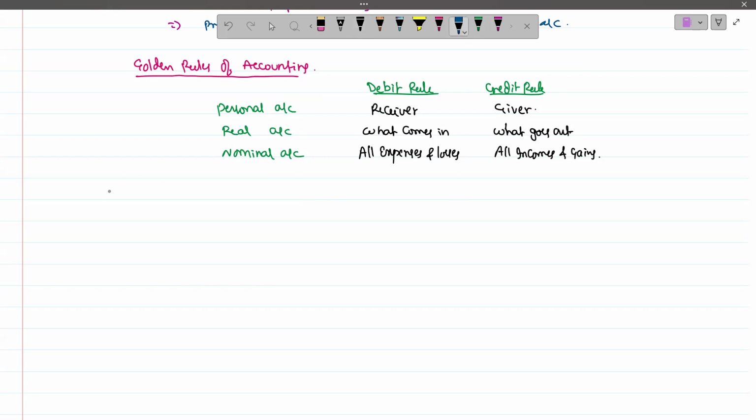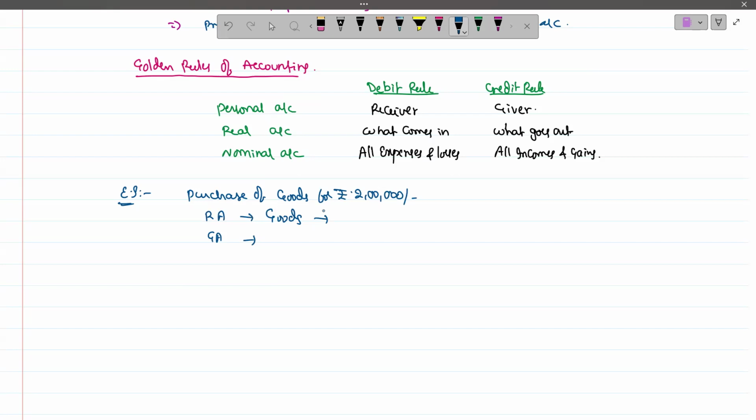So for example, in case of purchase of goods for rupees 2 lakh, here the receiving aspect and giving aspect: the receiving aspect is nothing but goods.